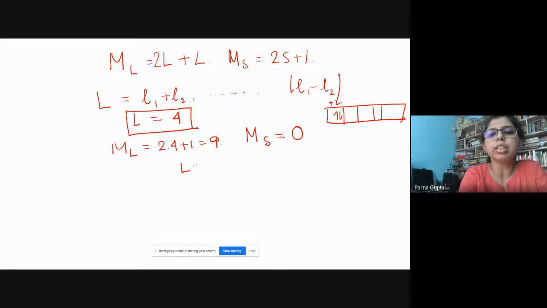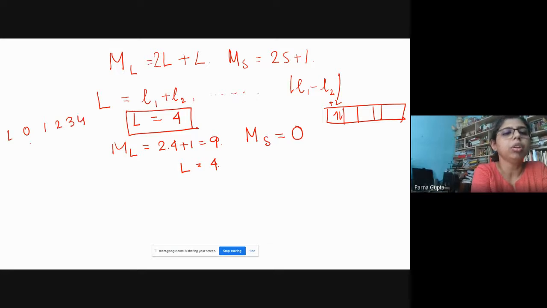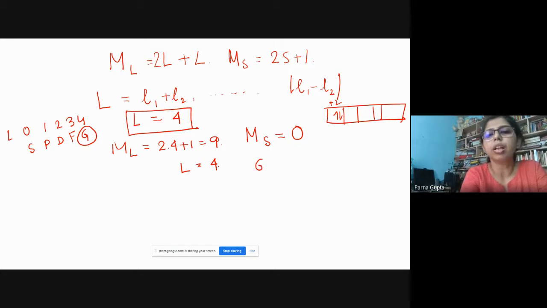So if L is equal to 4, then you remember that L is 0, 1, 2, 3, 4. What are the values? S, P, D, F, G. So it will have the G term, and S is equal to 0.